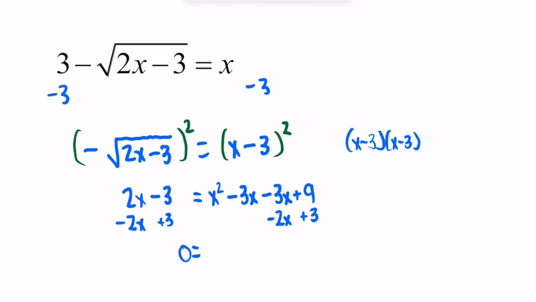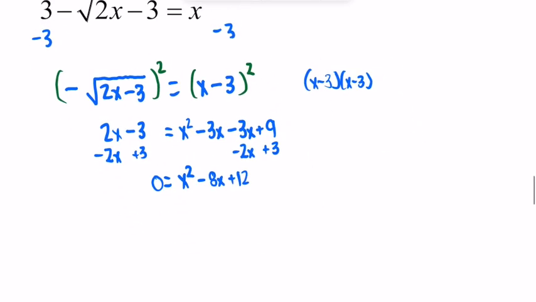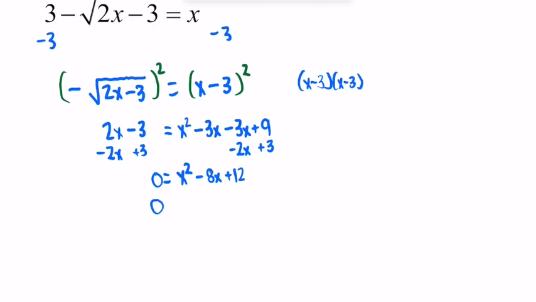This leaves us with 0 equals x squared. Then negative 3x minus 2x is minus 8x. 9 plus 3 is plus 12. So now we can proceed with factoring. It starts with x squared, so we'll put x and x at the beginning of each group.